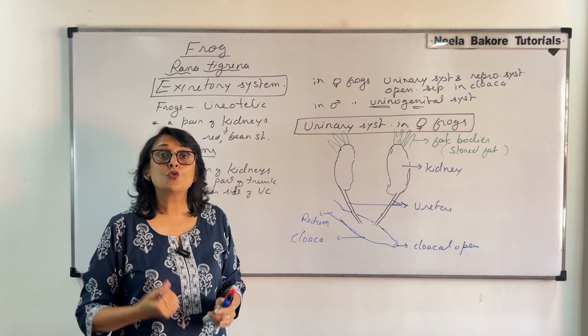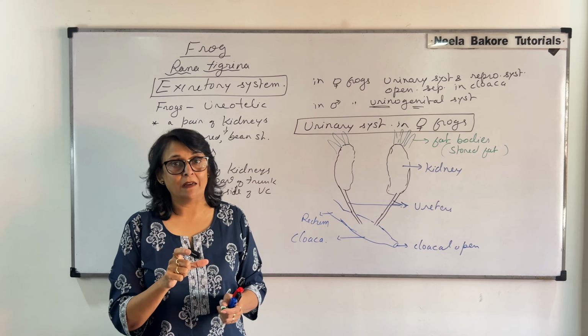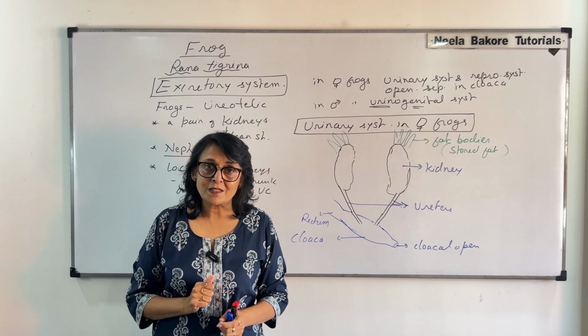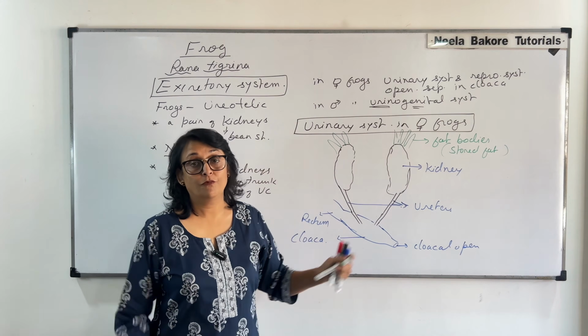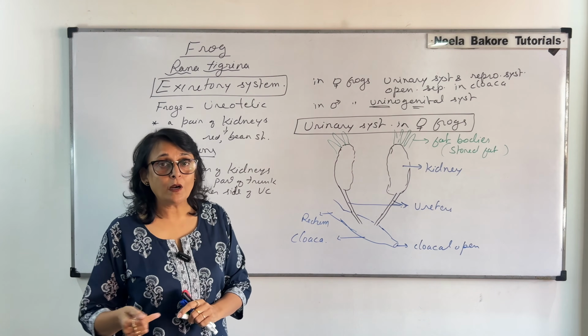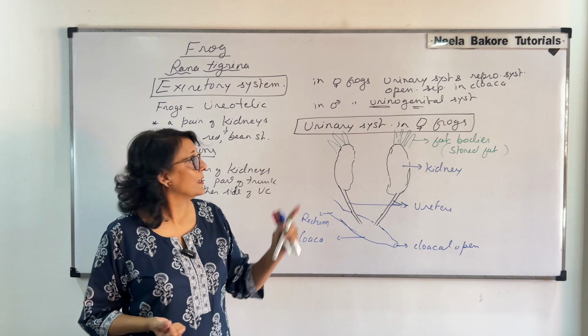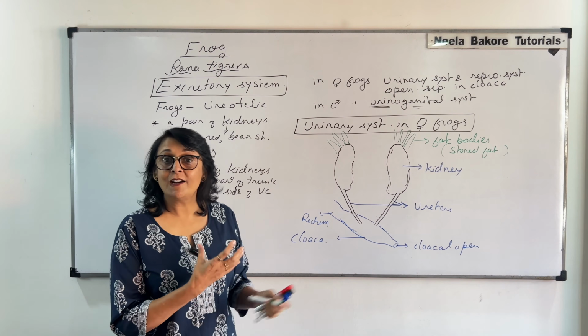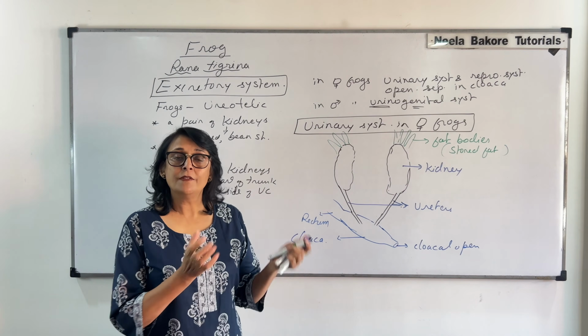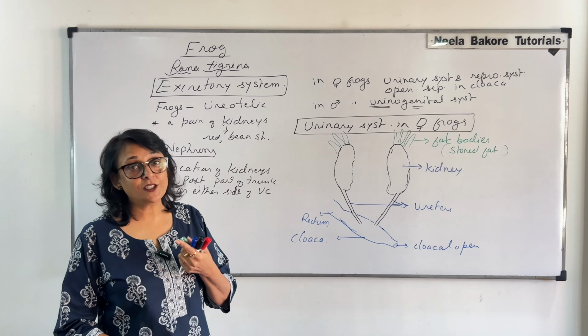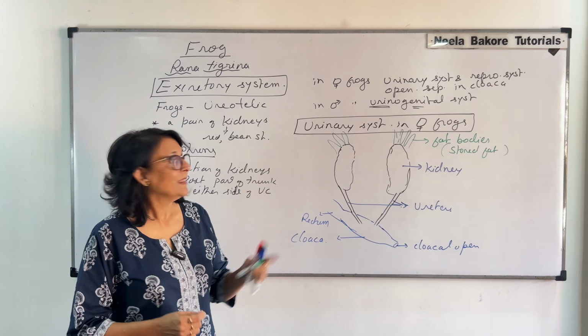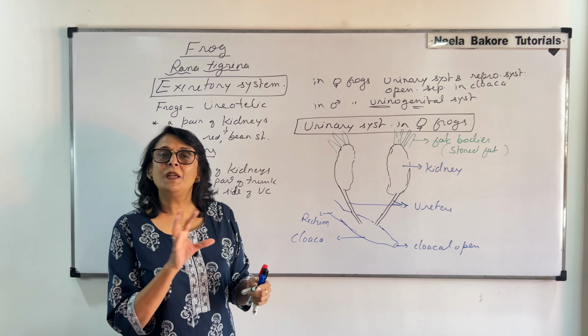So animals store the nourishment for this period of winter sleep or summer sleep, and it is mainly stored in the form of fat. So when the animal has to go for the winter or summer sleep, the fat bodies will be large, very well developed, because there is fat which is going to be accumulated. And after this hibernation or aestivation is complete, that time these fat bodies are completely reduced.